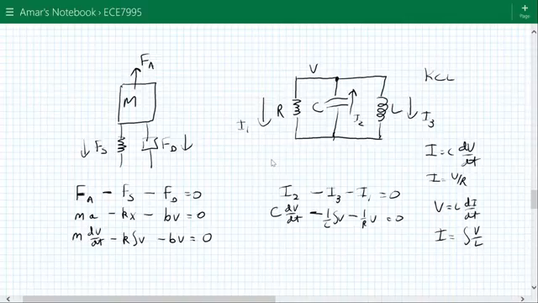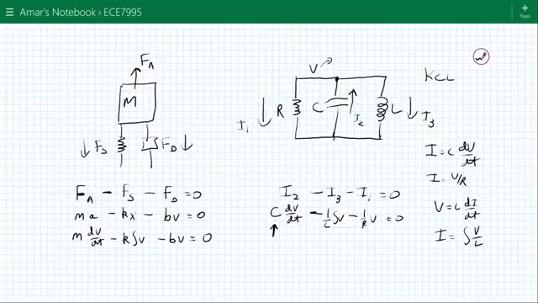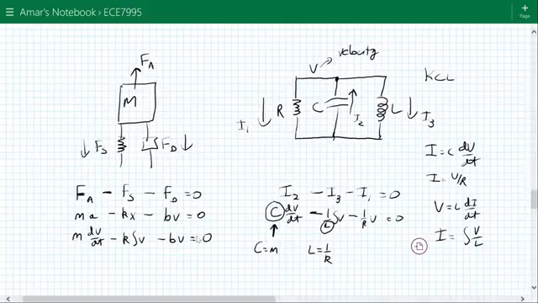we can say, number one, that this voltage represents velocity. So this capacitance here is equal to M. C is equal to M. That's this thing here. Now the inductance, L, is going to be equal to 1 over K, so that it matches up with this K integral of V over here.